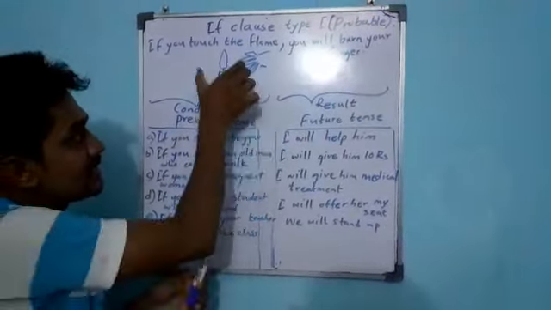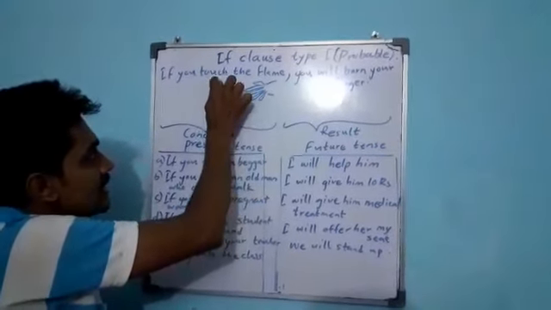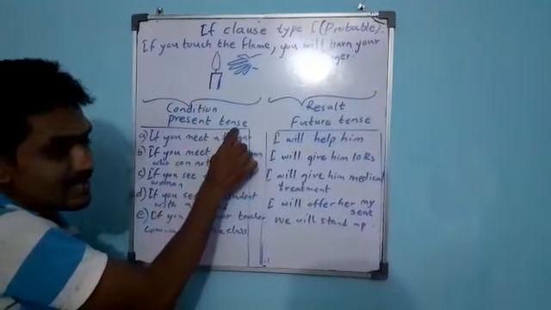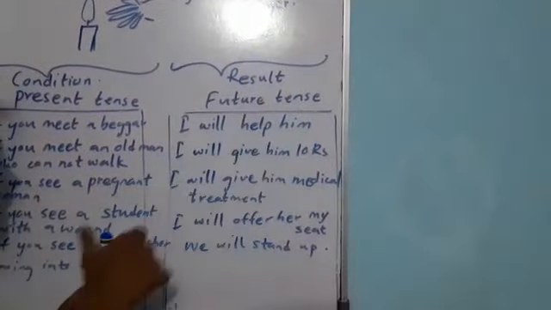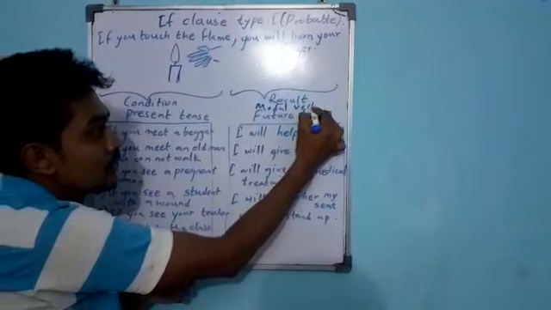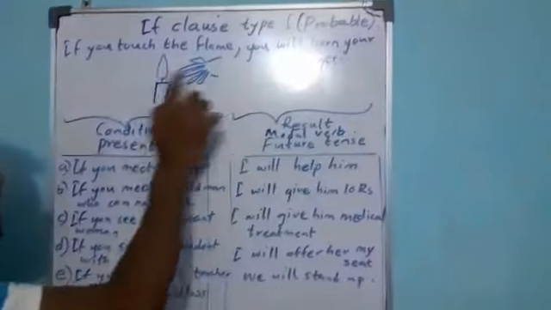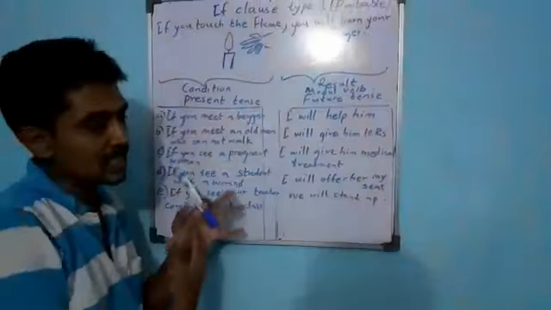When you analyze the sentence pattern, the if clause, the first part, is used in present tense and the second part is used in future tense, or we use modal verbs also. And another thing about if clauses: we use them to exchange two things.